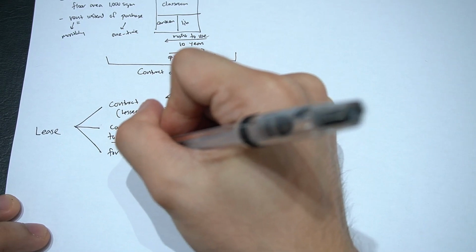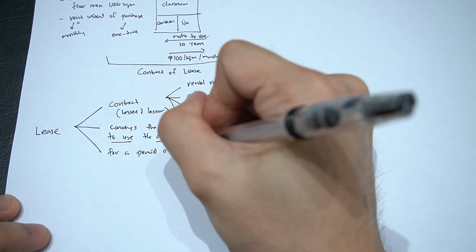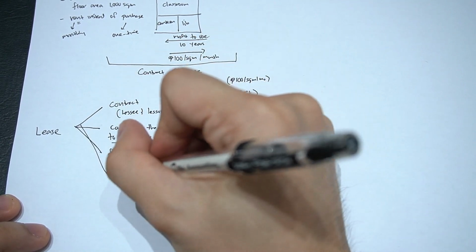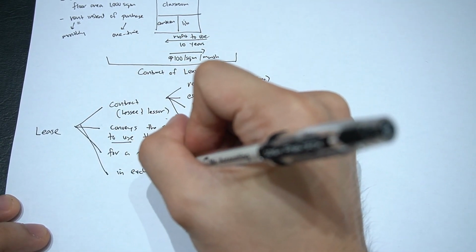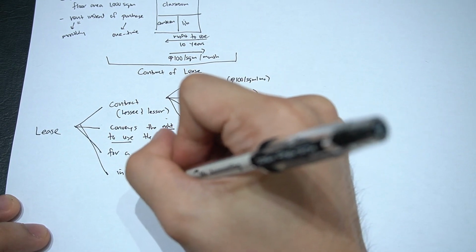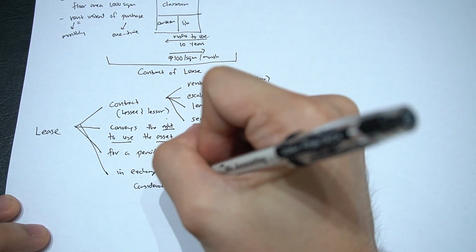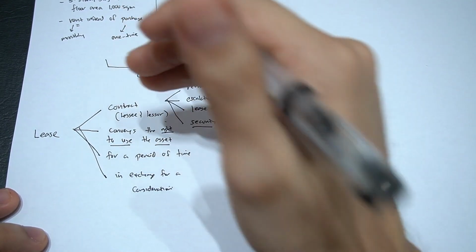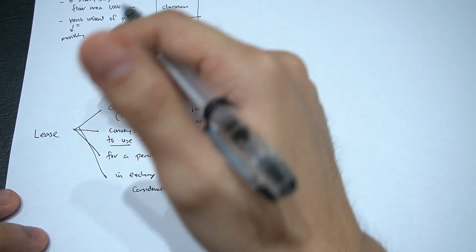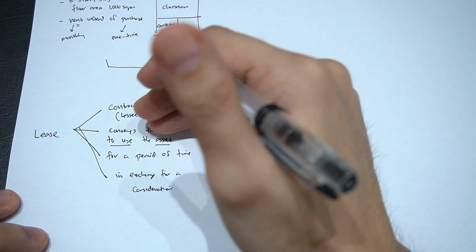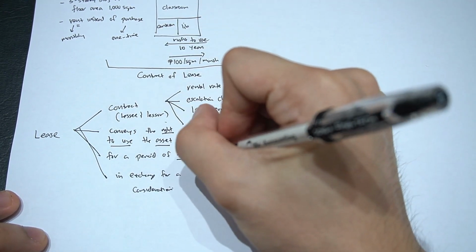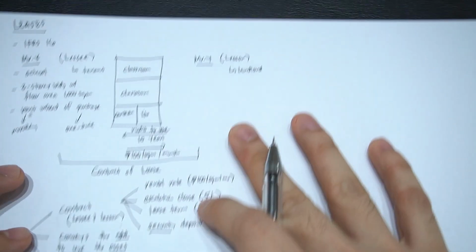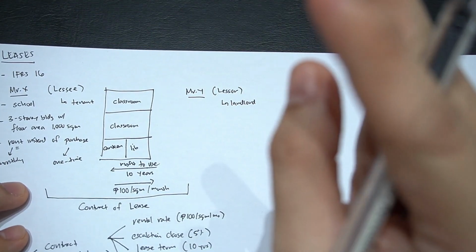For a period of time, in our illustration, it's 10 years in exchange for a consideration. In our illustration, it's 100 pesos per square meter. So, yun yung definition of lease under IFRS 16. Is a contract that conveys the right to use the asset for a period of time in exchange for a consideration.